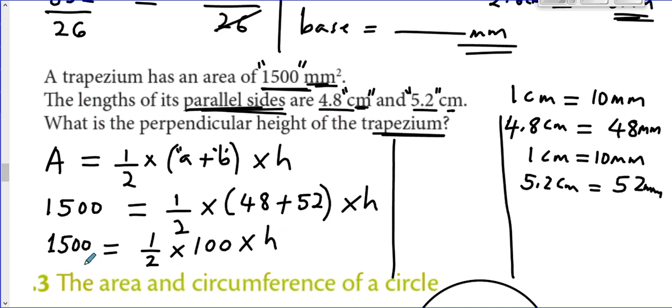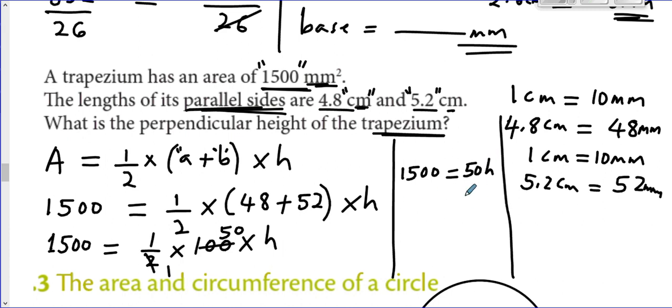Now, before you move on, you have to simplify by 2. 1 by 2, this is 50. So area, which is 1,500, will be equal to 1 times 50 is 50. 50 times h, you'll be getting 50h. To find the value of h, what do you think I'm going to do?